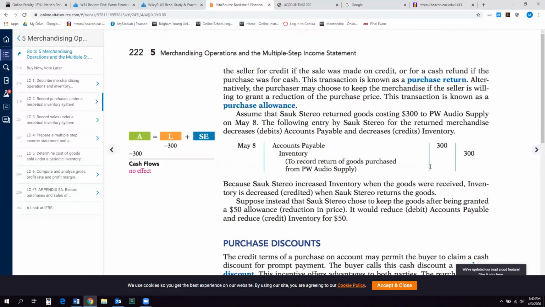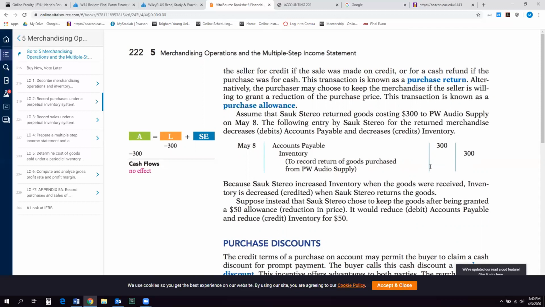So I think the fundamental principle here that will help you if you're not sure when you're on one of these questions is recognizing that in a perpetual system, any freight in, any purchase discounts, any purchase allowances, those all get debited or credited directly to merchandise inventory.